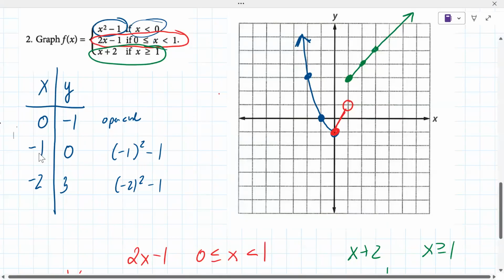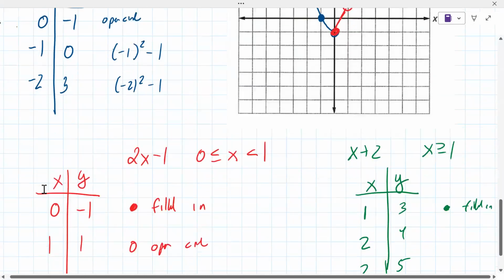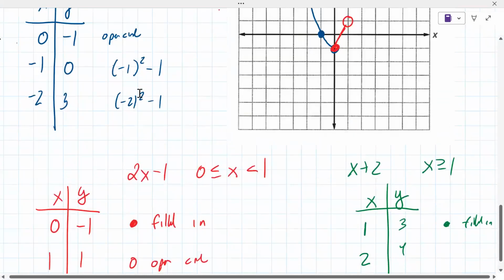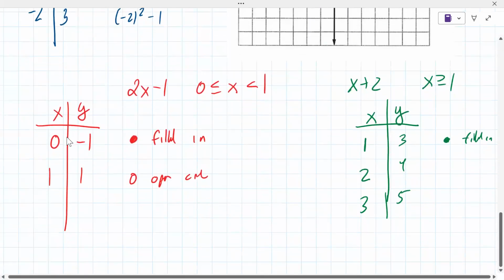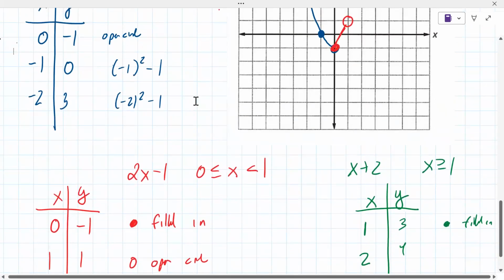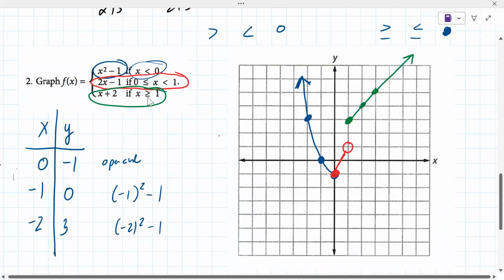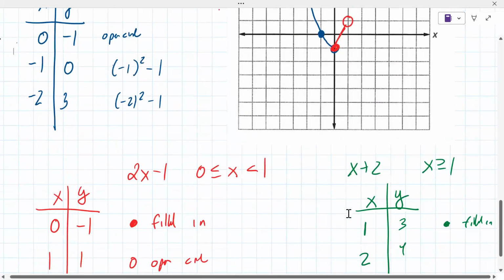See how -1 is less than 0, -2 is less than 0? We need a couple of points. And then from 0 to 1, even though 1 is not included in red, we still use the ones even if they're not included. Like see how 0 was included here? 0 less than or equal to x less than 1, we still include it. Same thing on the right here, start at 1, go out a few.